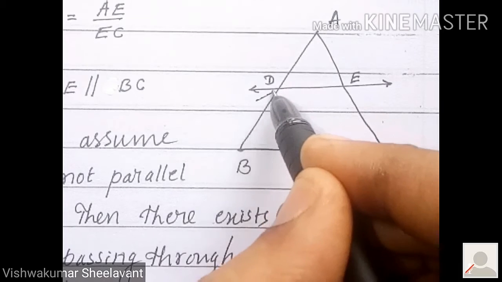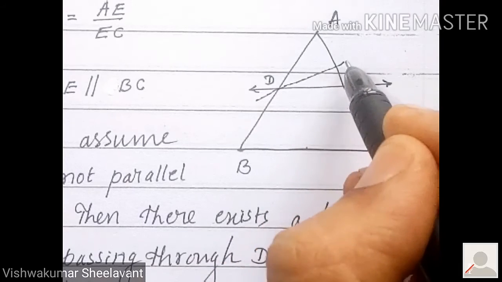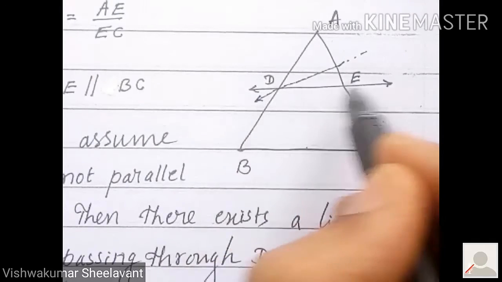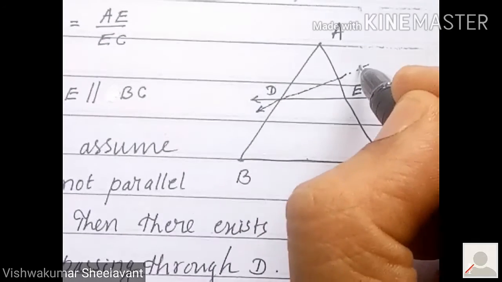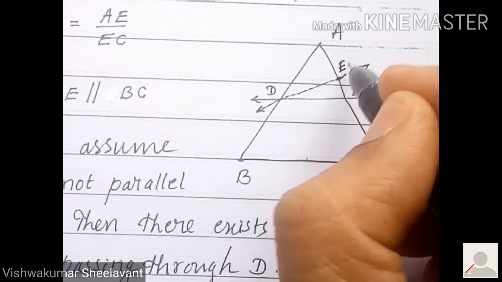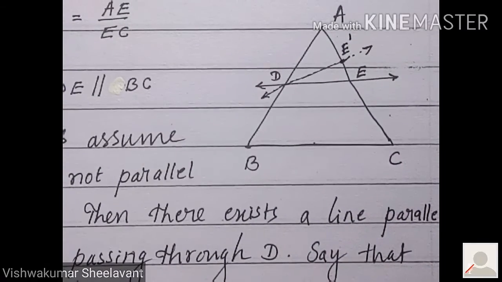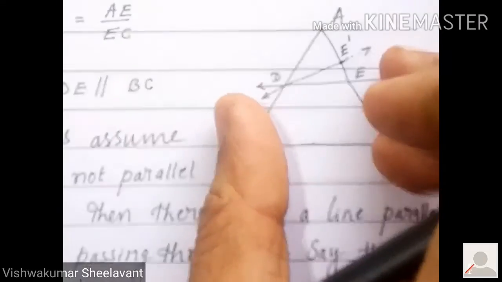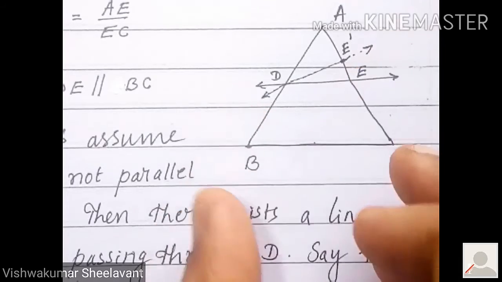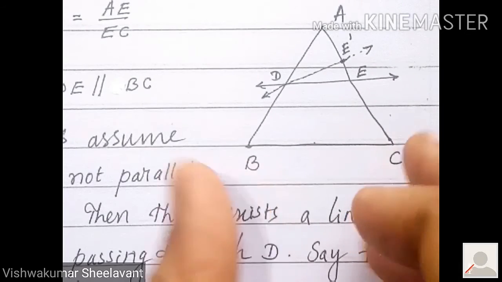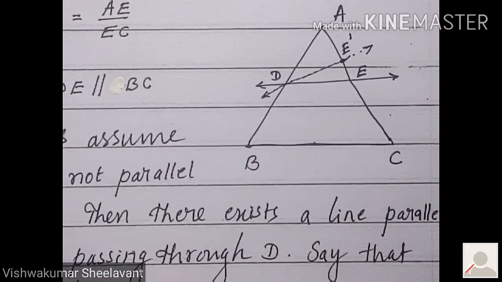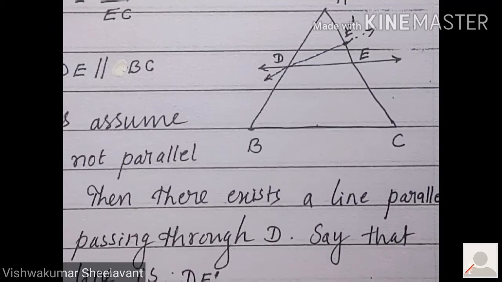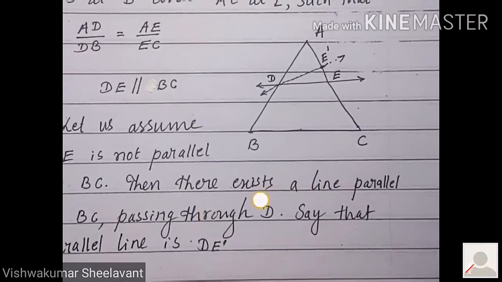Somewhere here, above or below this D, you show DE dash. For us, DE dash is parallel to BC. Do not worry that DE dash is not appearing parallel to BC. It is our assumption now. Completed the drawing? Okay.